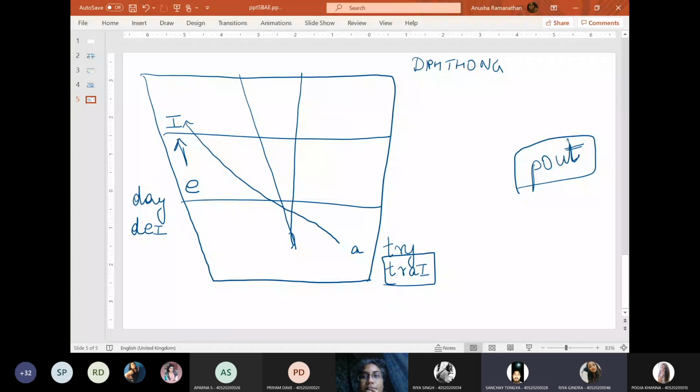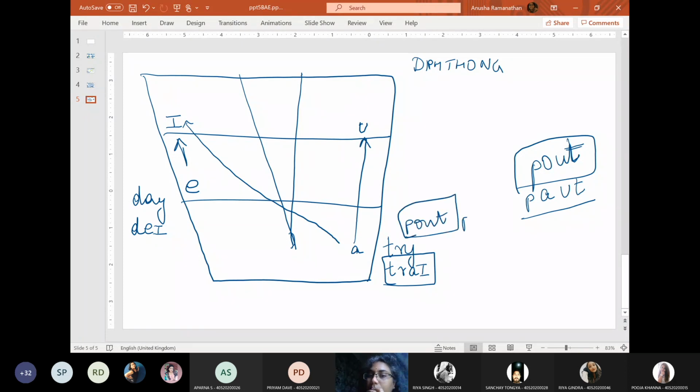The oo. But oo is there. Is it going to be just per oot? Then what is the difference between out and ow? It will be a. Absolutely. So it will move in this manner. It will move from here to here. Pout. Or written as per a oot. These are symbols, so they should be written as symbols. So you have pout.